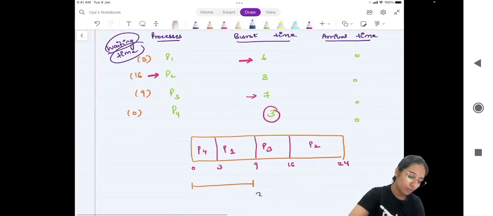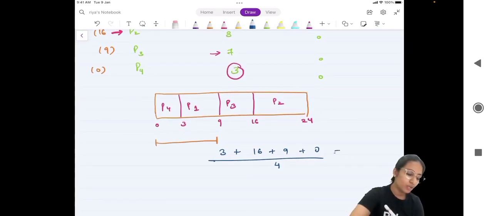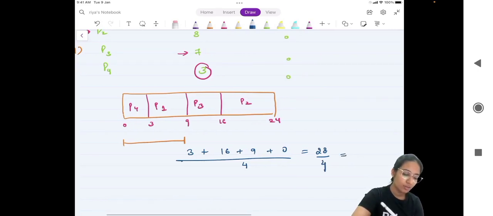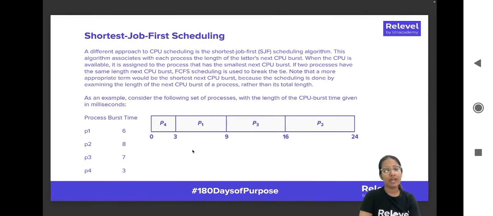It will be 3 plus 16 plus 9 plus 0 divided by 4, which comes out to be 28 by 4, which turns out to be 7 milliseconds. So every process on average has to wait 7 milliseconds in order to get executed. That is the overall idea and how we work with this algorithm.